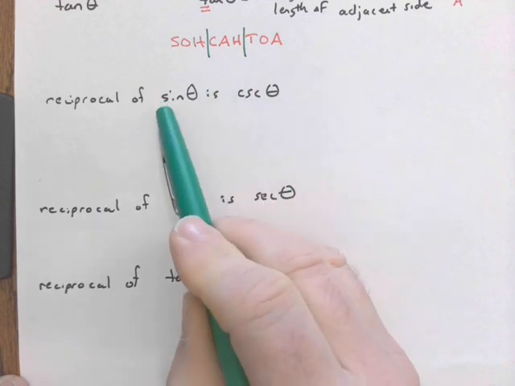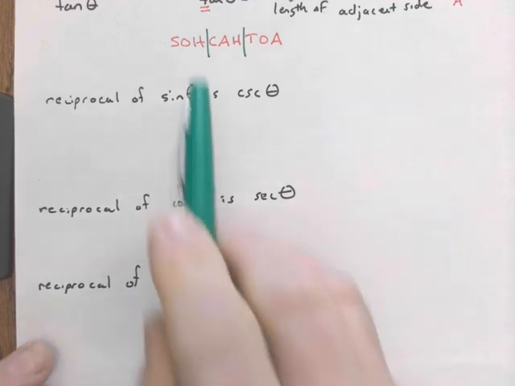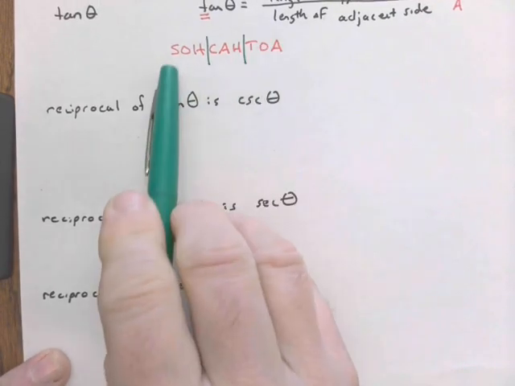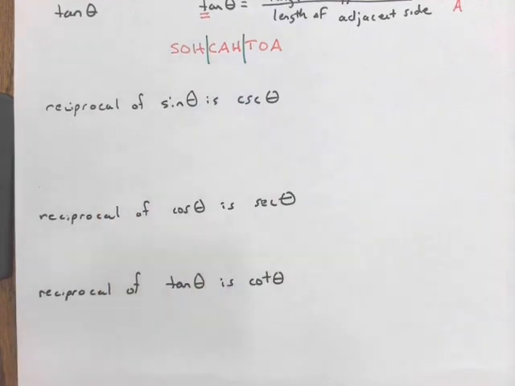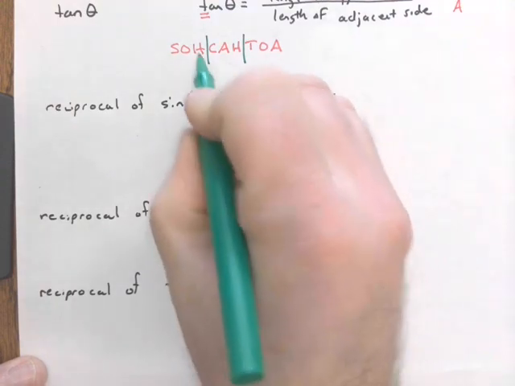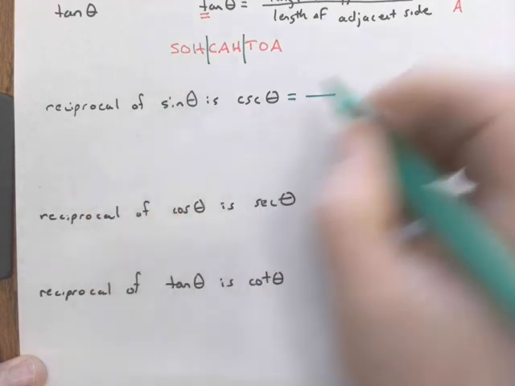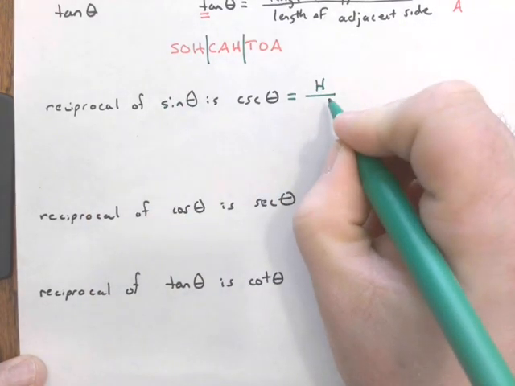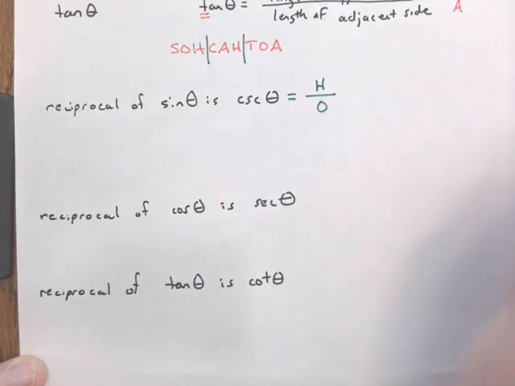If you know that sine and cosecant are reciprocal functions, and you've memorized SOHCAHTOA so that you know that sine is opposite over hypotenuse, then you know that the cosecant is going to be equal to the reciprocal of sine. Sine is opposite over hypotenuse, so cosecant would be hypotenuse over opposite.